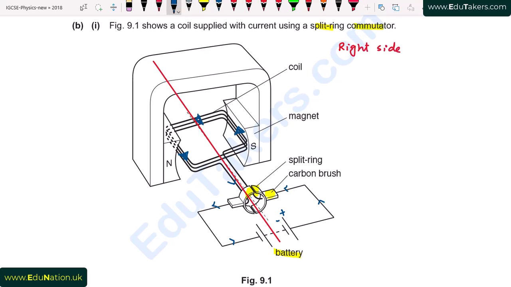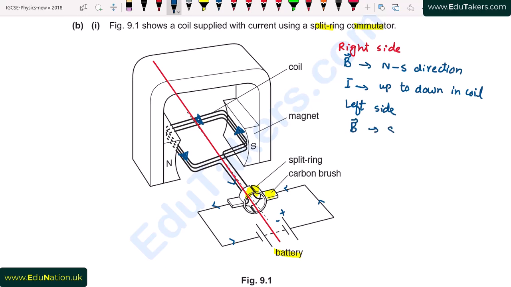Here we can see that the magnetic field that is represented by B is from north to south direction, and current is flowing from up to down in the coil. But for the left side, the magnetic field direction remains the same, but the direction of current changes, and here it flows from down to up.